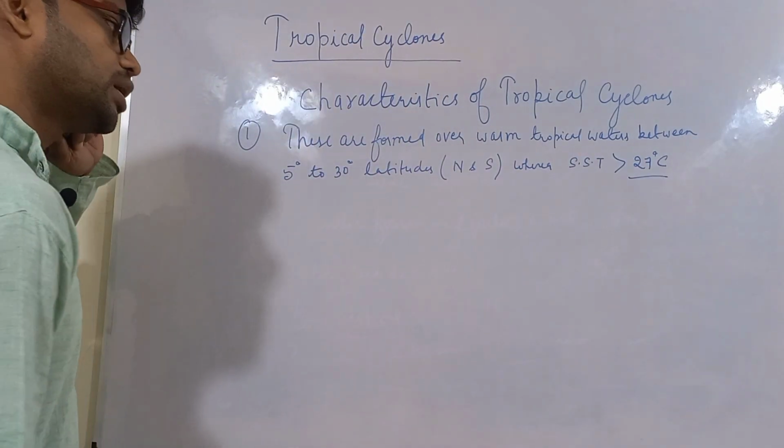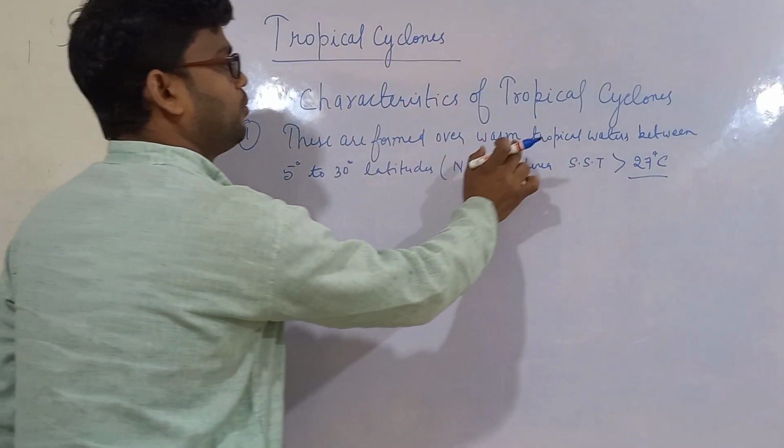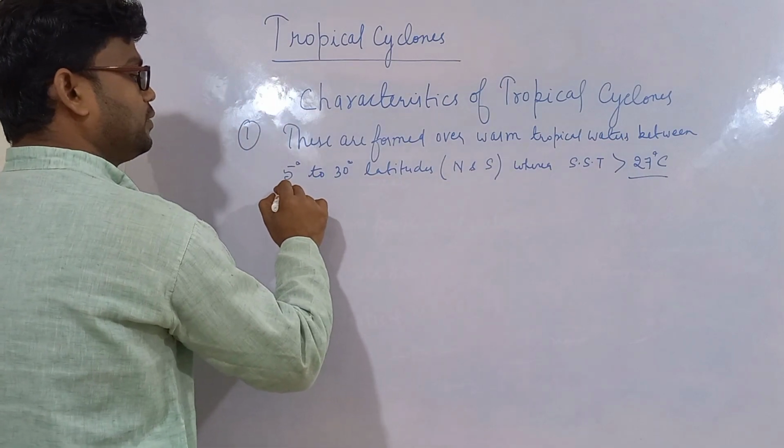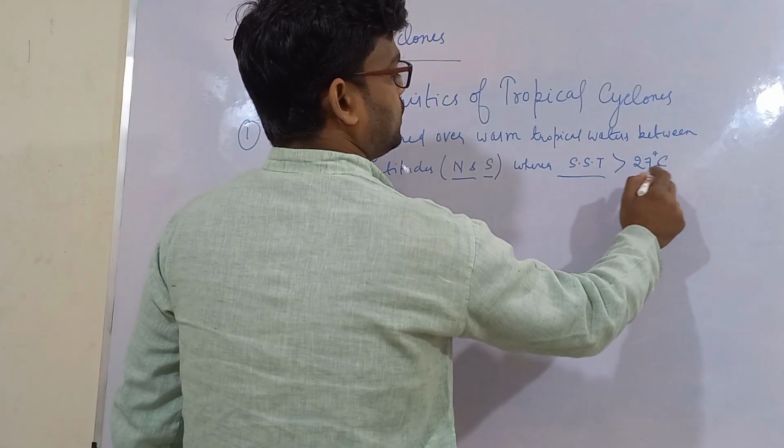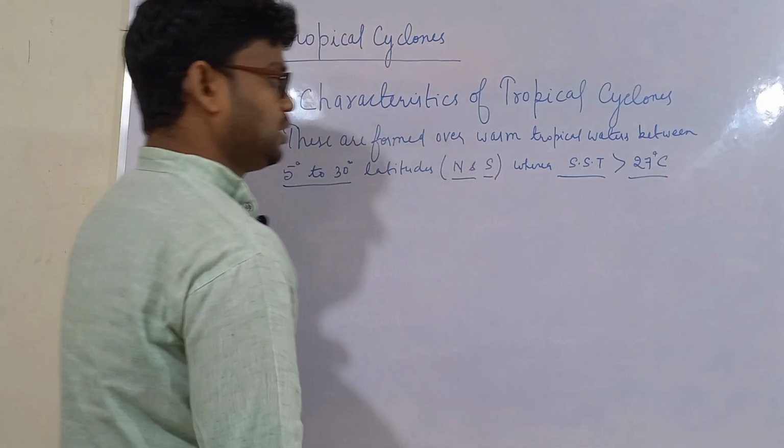So this is the first characteristic, that these tropical cyclones are formed over warm tropical waters between 5 to 30 degree latitudes north and south, and where sea surface temperature is greater than 27 degree centigrade.